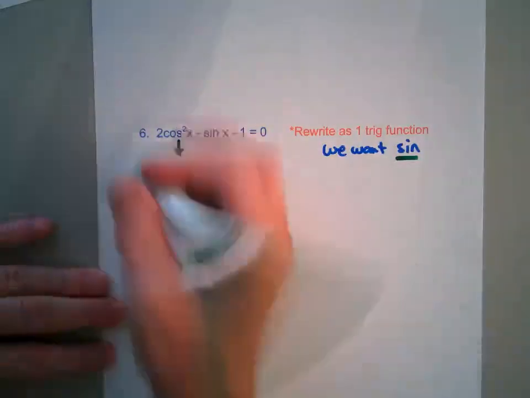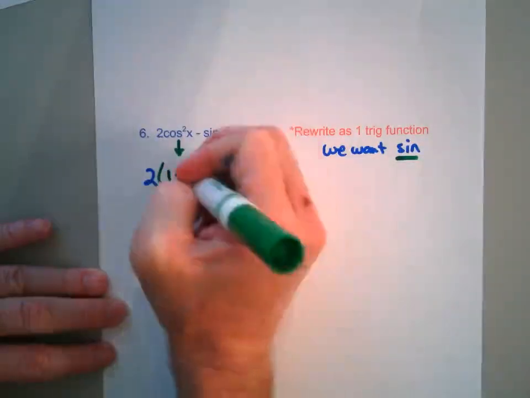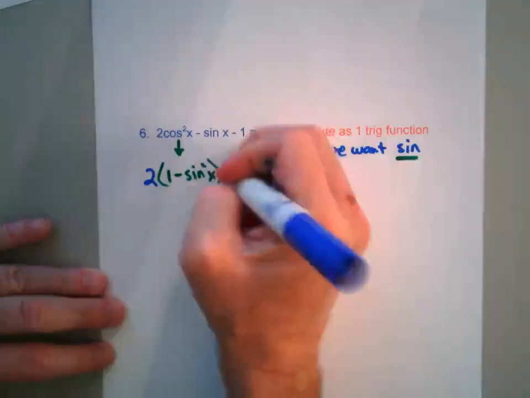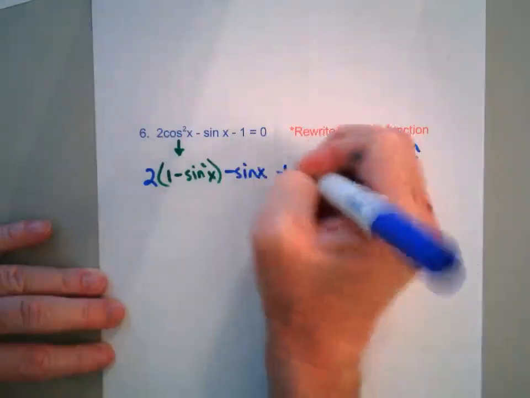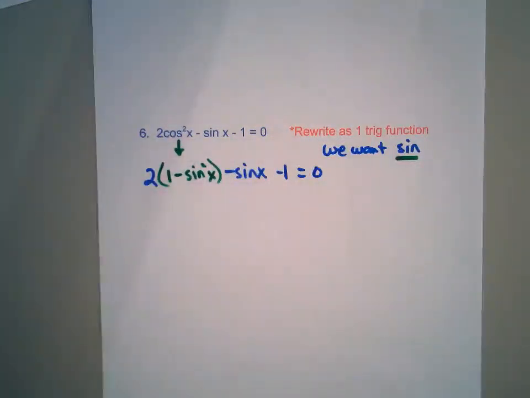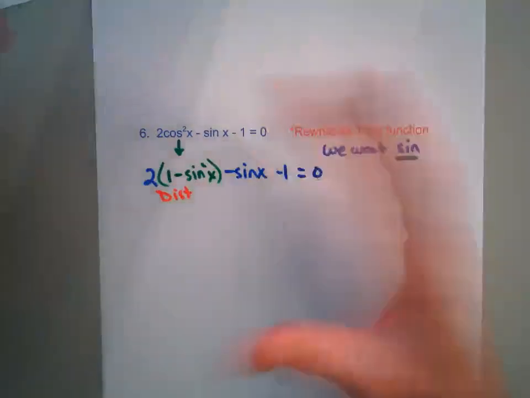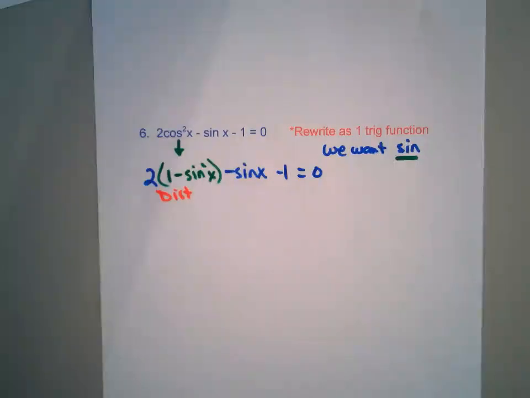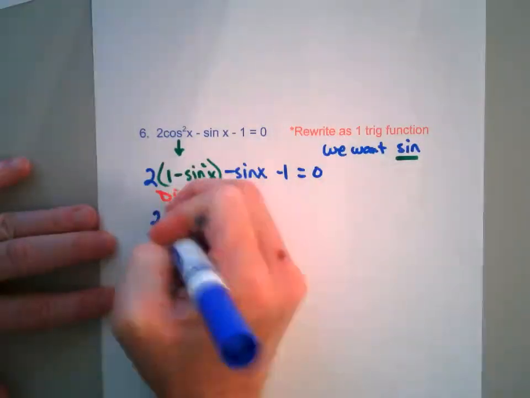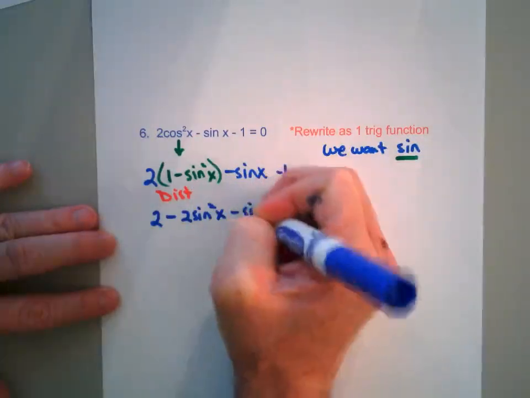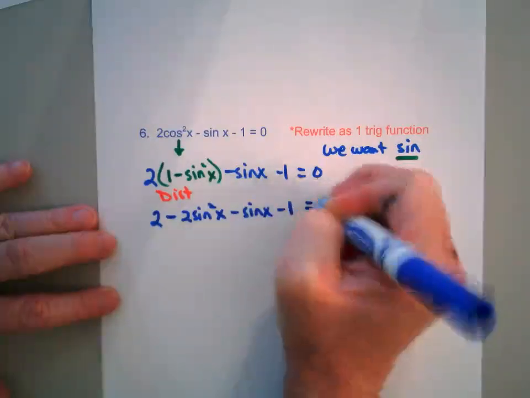So it looks like this. 2 times 1 minus sine squared x, minus sine x, minus 1 equals 0. Okay, we have to distribute, and simplify this down into a single quadratic before we can factor and solve it like we did for problem number 4. So we're going to distribute. It's 2 minus 2 sine squared x minus sine x minus 1 equals 0.